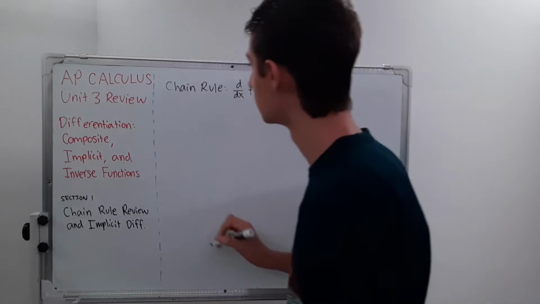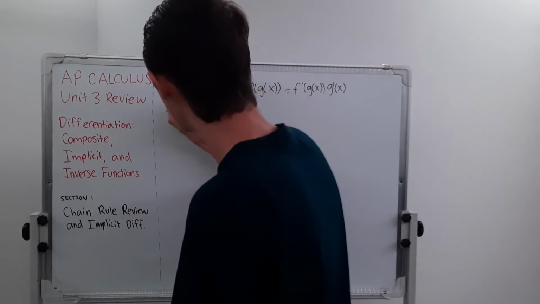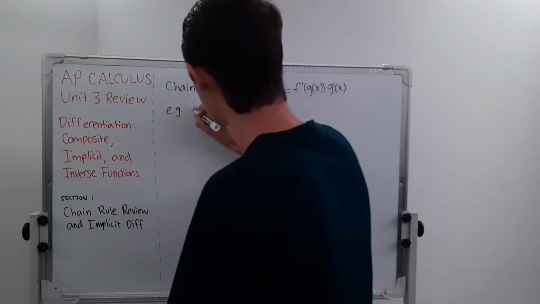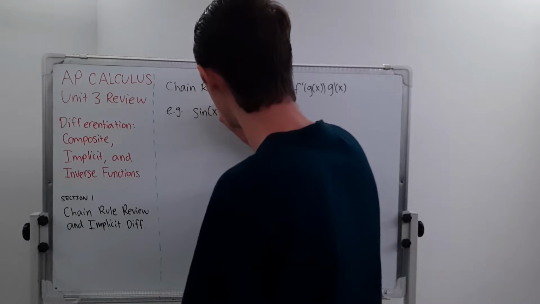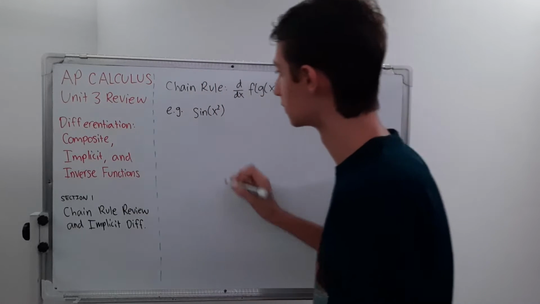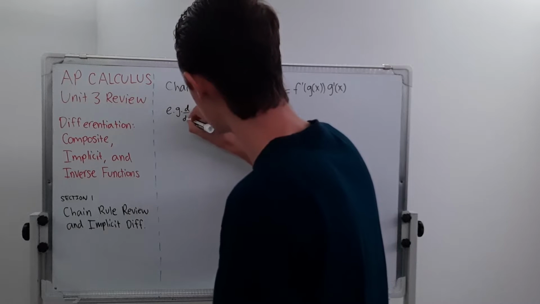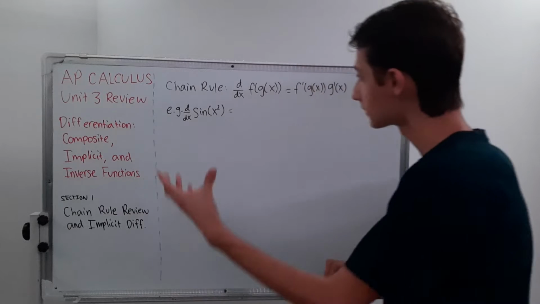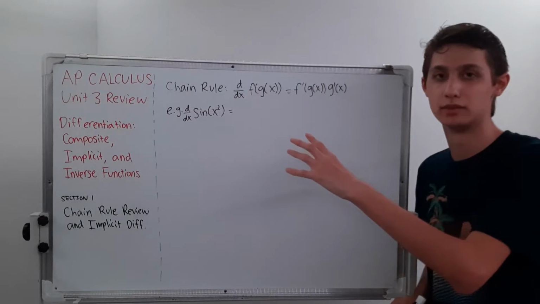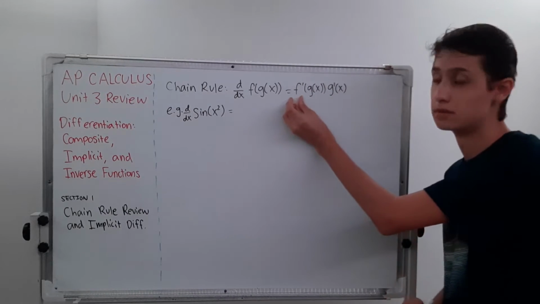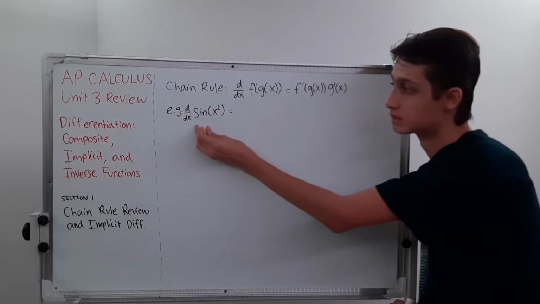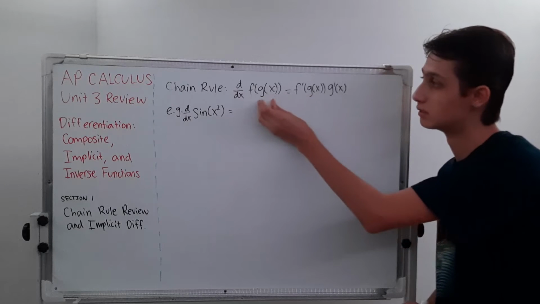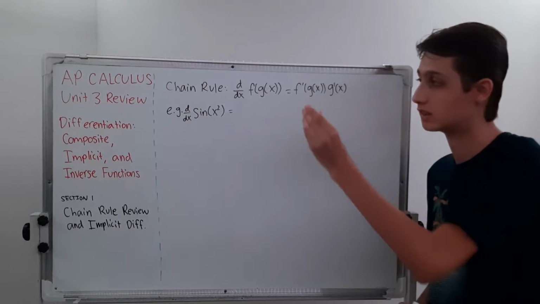So let's look at an example briefly here. Let's say sine of x squared. This is our function, and we want to take its derivative. A way you can easily think about it is you take the derivative of the outside function, in this case sine, and you keep the inside exactly the way it is, because you have g of x in there.